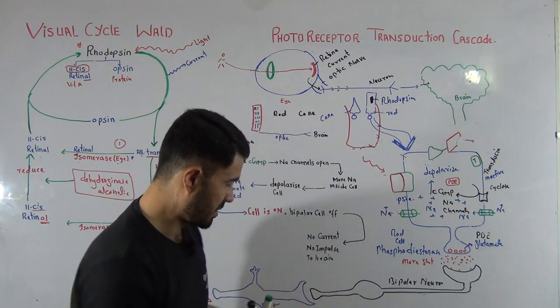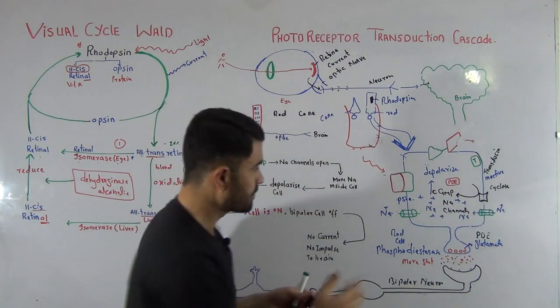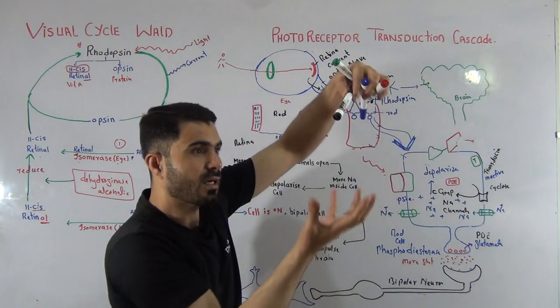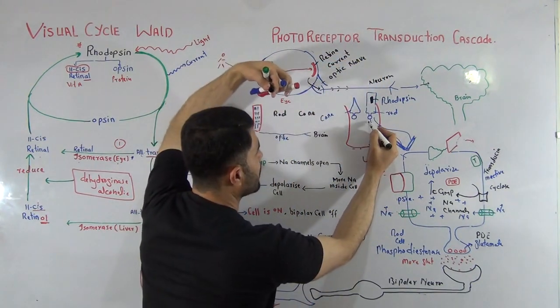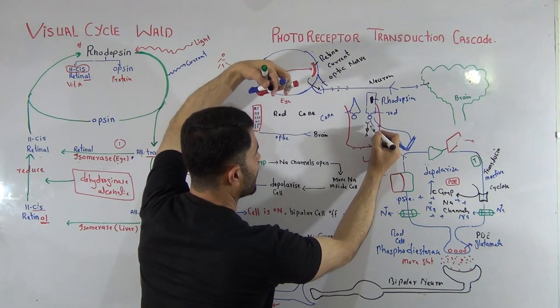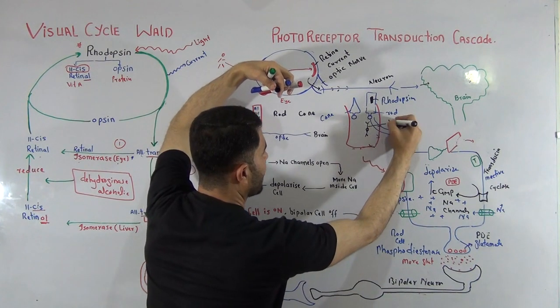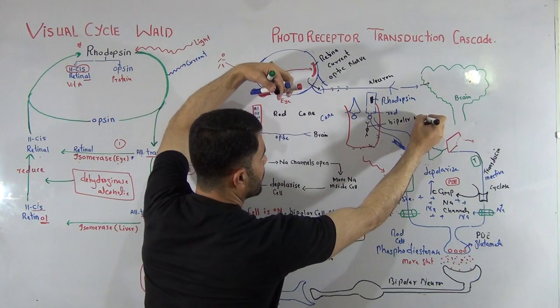This high amount of glutamate will affect this cell. This is another cell. Below the rod cell there is another cell called bipolar neuron.